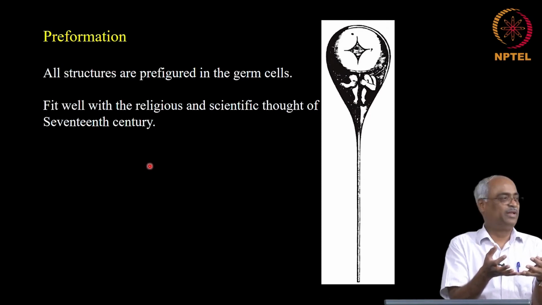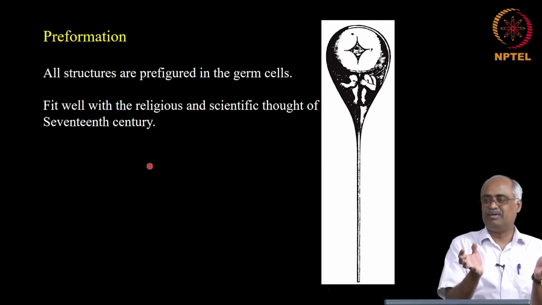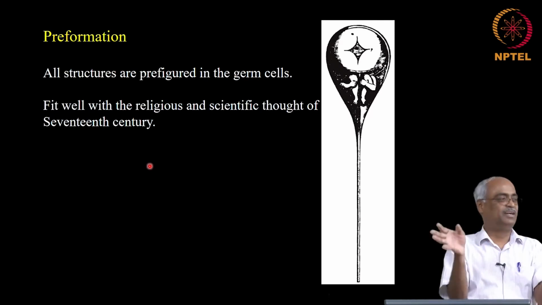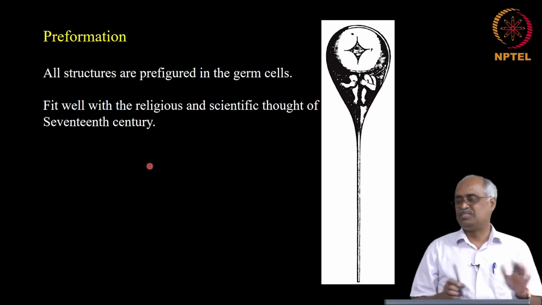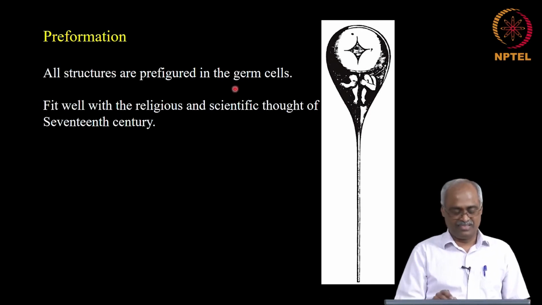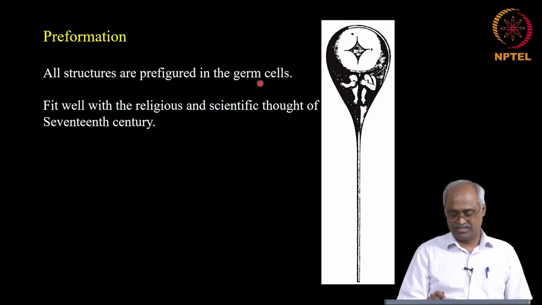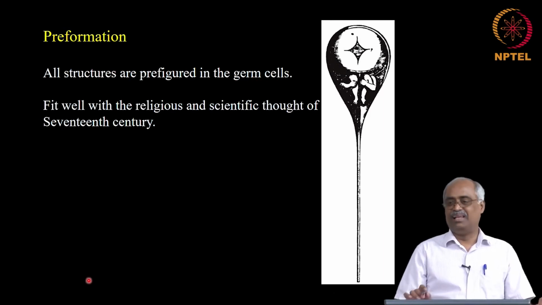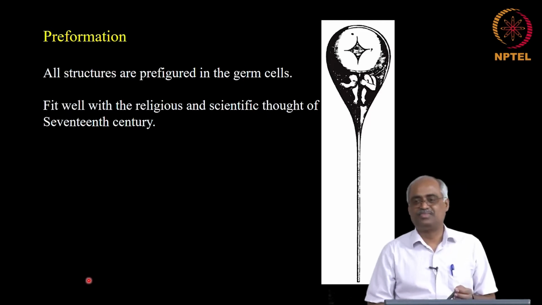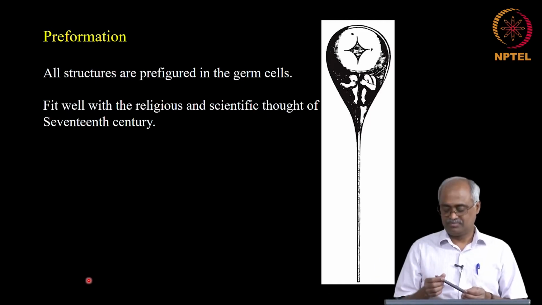Therefore, in the fertile ground, the preformed structure is unfolded and it grows. So, this is what they thought. All structures are prefigured in germ cells, it should actually be called the sperm, and this fit well with the religion and science of the 17th century.